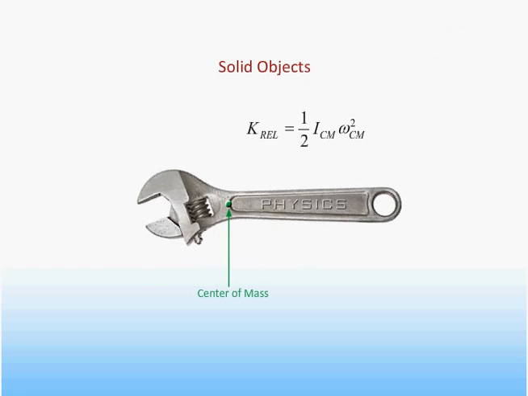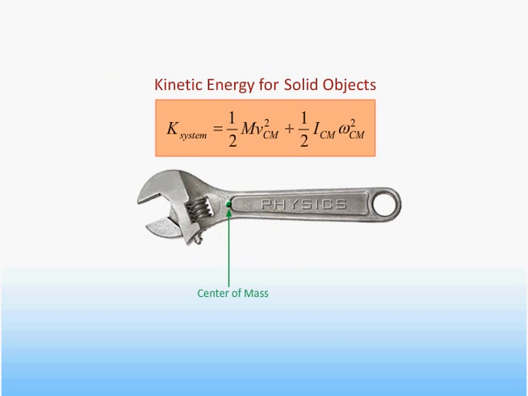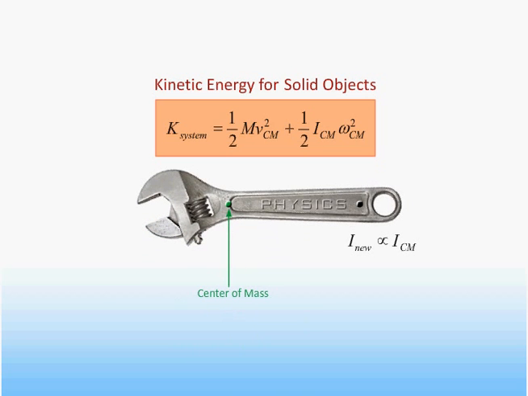Therefore, the kinetic energy relative to the center of mass is just equal to 1/2 times the moment of inertia about a rotation axis through the center of mass times the square of the angular velocity about the center of mass. We can use this result to calculate the moment of inertia about a chosen axis if the moment of inertia about a parallel axis that passes through the center of mass is known.